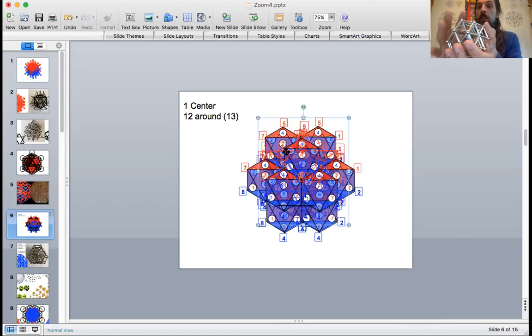You could draw a sphere right around this, and inside would be that star tetrahedron. And we're going to link that up in a second here. But now we're doing the little calculations on the side, because now finally I have one octahedron at the middle, and then I have the 12 around it for 13 total.